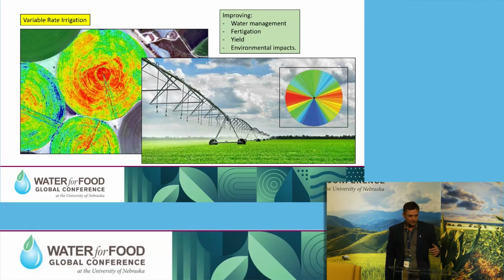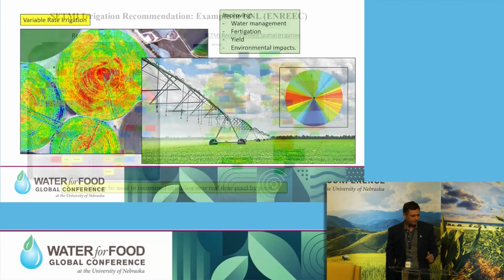With that, you improve the water management, the irrigation management, and fertilization. Also, SETMI estimates the yield, and that reduces the environmental impacts, which in Nebraska is a big issue, right? We have concerns about groundwater contamination by nitrate.